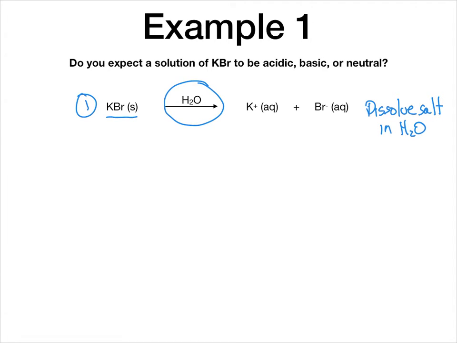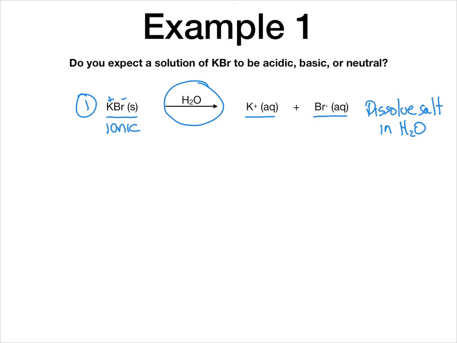And because this is an ionic species, remember, it has a cation combined with an anion or a metal with a nonmetal. Because it is ionic, when in solution, it breaks up into its individual ions. Notice that the charge of these ions match the charge of the species in its solid form, as this is K plus and Br minus in this molecular formula.